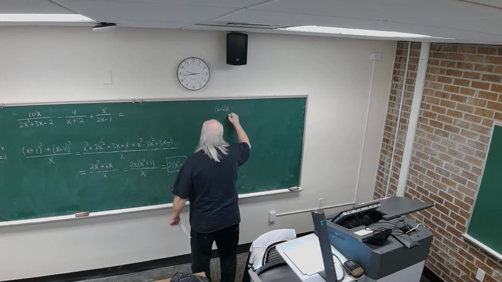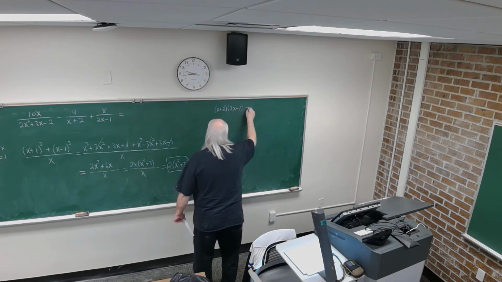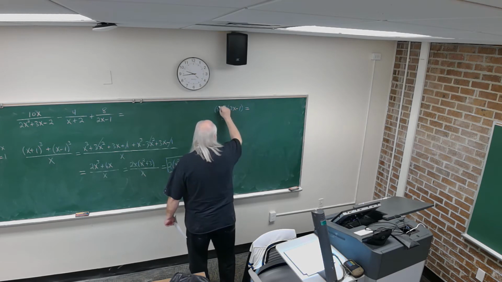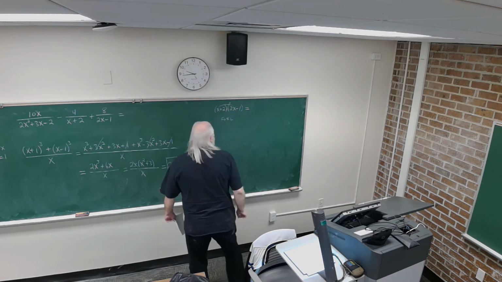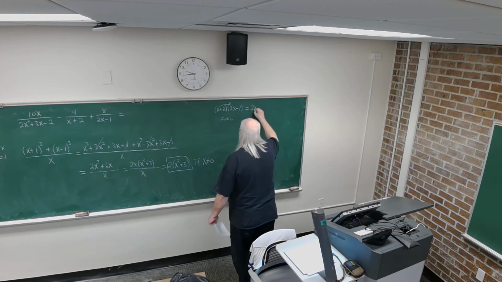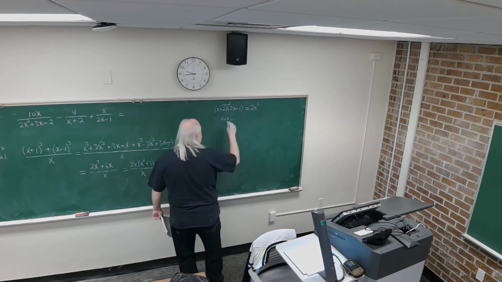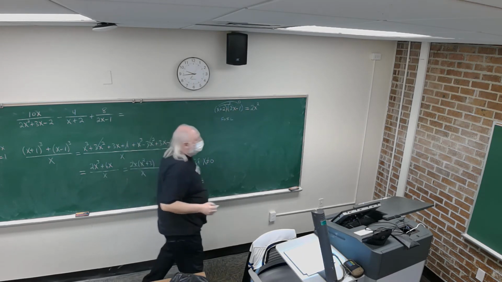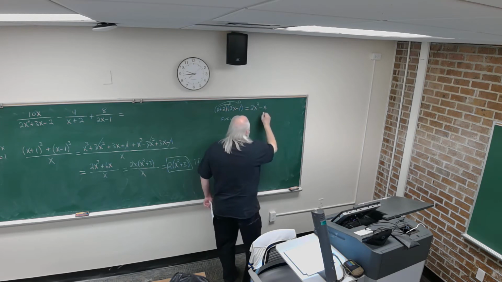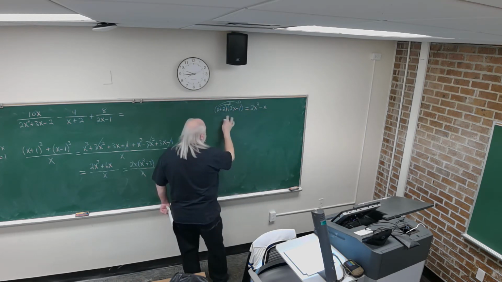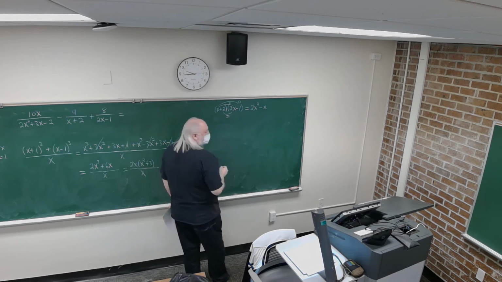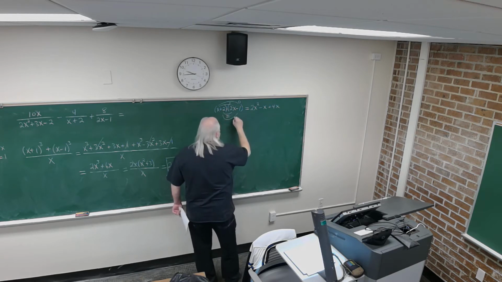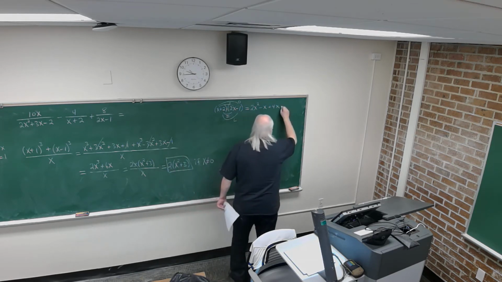X plus 2 times 2x minus 1. Right, got a FOIL. When you multiply first terms, we have x times 2x, which is 2x squared. When you multiply outer terms, we have x times minus 1, which is minus x. When you multiply inner terms, you have 2 times 2x, which is 4x. And when you multiply last terms, you have 2 times minus 1, which is minus 2.